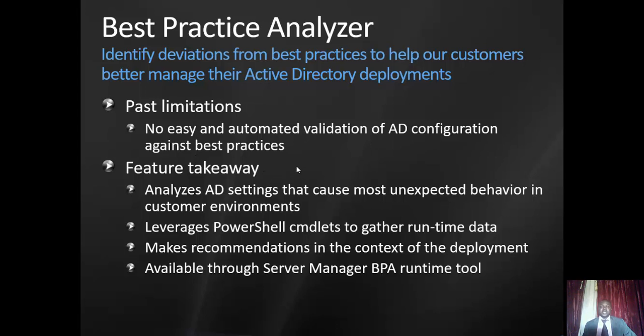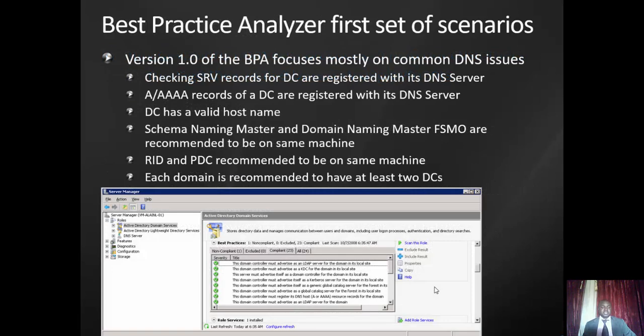And the future takeaway now is to analyze Active Directory settings that cause the most unexpected behavior in customer environments, and leverage PowerShell cmdlets to gather runtime data, make recommendations in the context of the deployment, and be available through the Server Manager BPA runtime tool. That's what we can say.